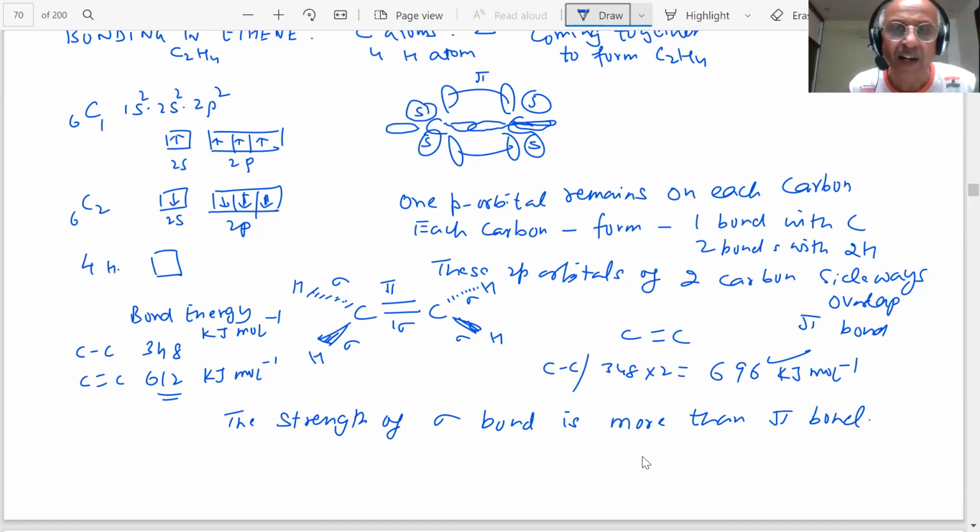In the pi, there is a sideways overlap, but the sigma bond is stronger than the pi bond. The sigma bond has more strength because the extent of overlap is more in sigma as compared to pi. The larger the overlap, the more effective the overlap, and the stronger the bond formation. Is it clear? Yes, sir. This is important, students.